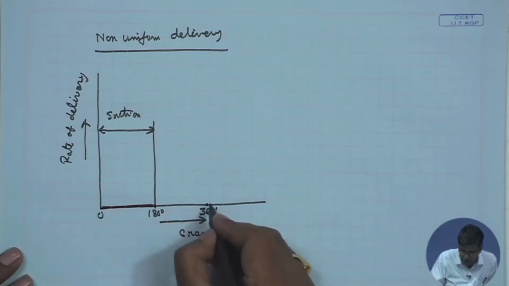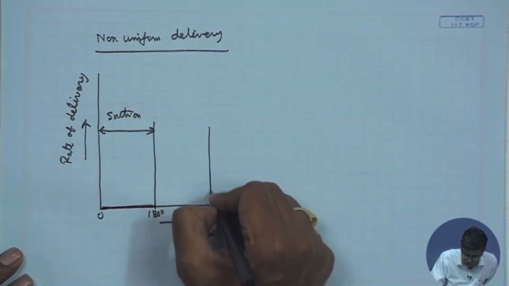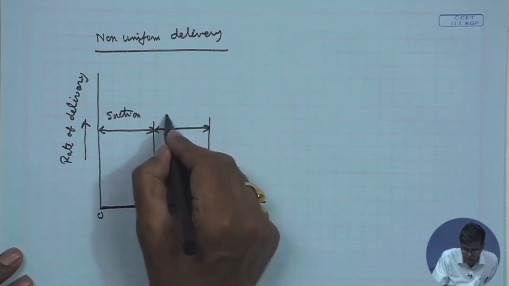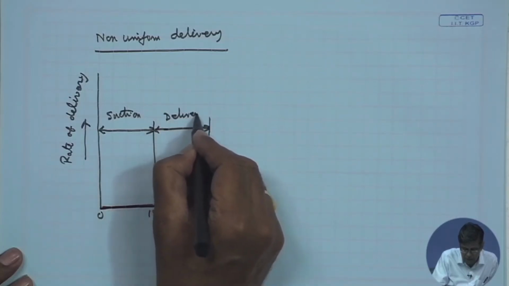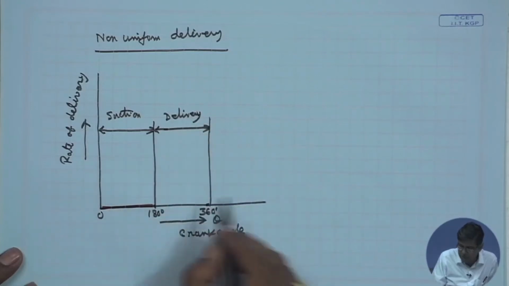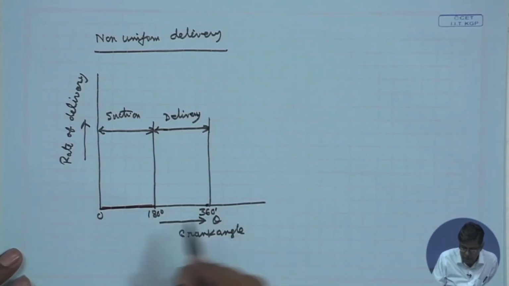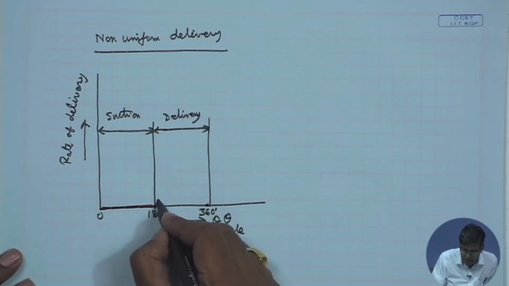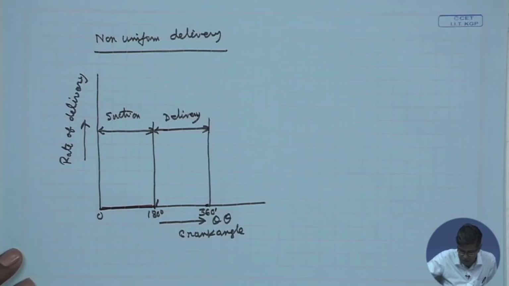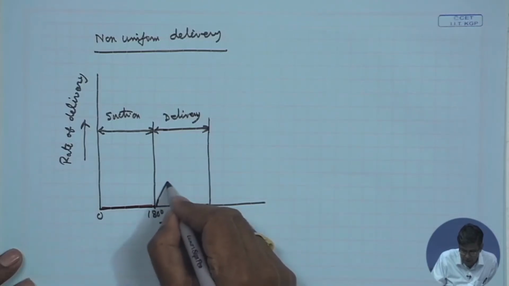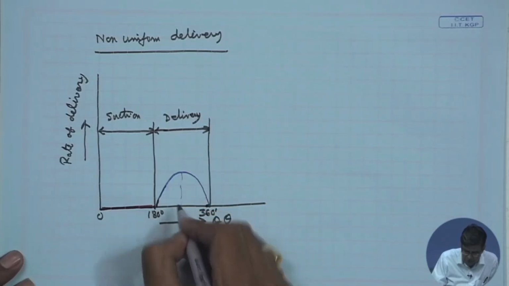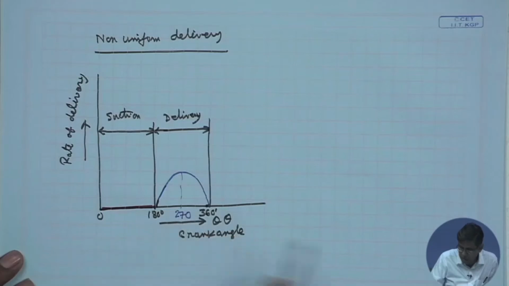But during the delivery stroke, in consideration of the simple harmonic motion, we expect the delivery with crank angle theta to be a sinusoidal, a sine curve. That means at 270 degree it will be maximum.